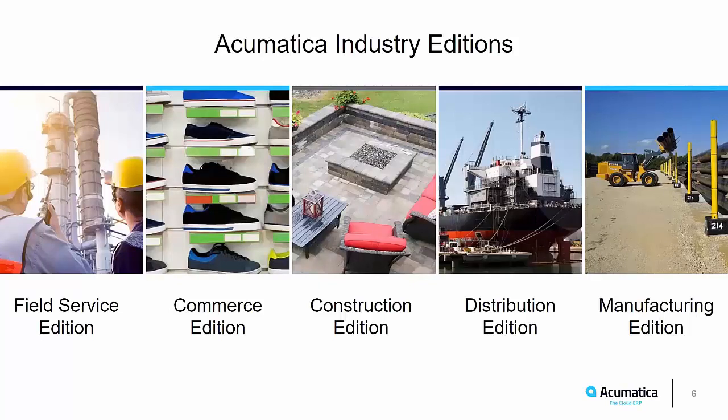And in some cases you may sell on the web, so you need to be able to plug in an e-commerce plugin. Acumatica has these 5 additions, which then take the components on the previous screen and marry them with additional technology to serve a certain industry. Let's go to the next screen, Sean.